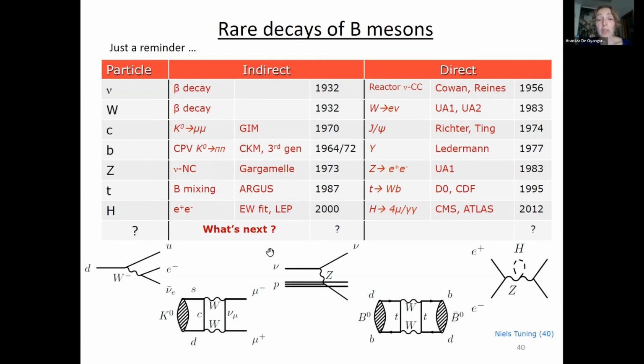Okay, so what will be next? Maybe we have a Z prime that will be discovered 10 years from now. Who knows? But what we are sure of is that there are some effects in rare B decays, which, if confirmed, as we hope, are pointing to some new physics and new physics particles in the coming years.